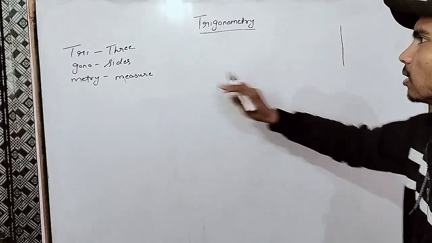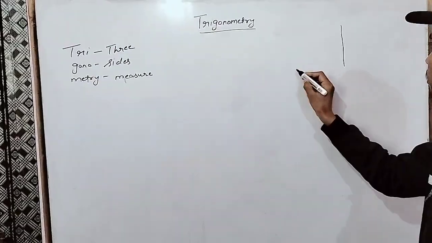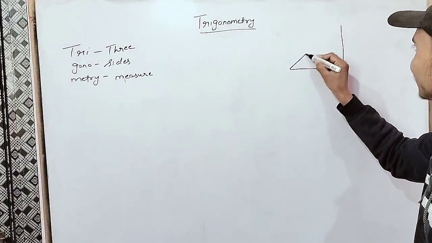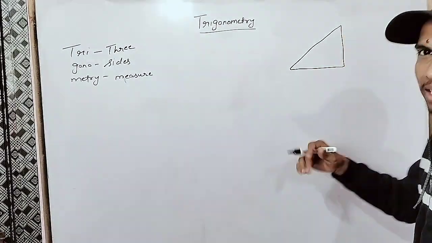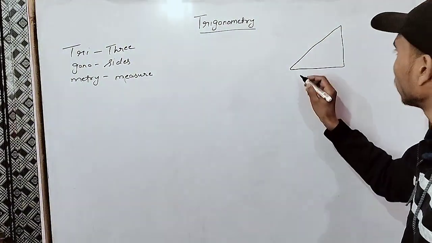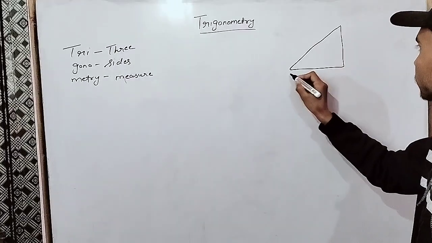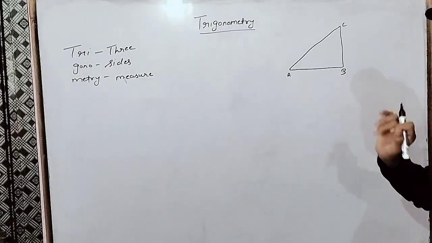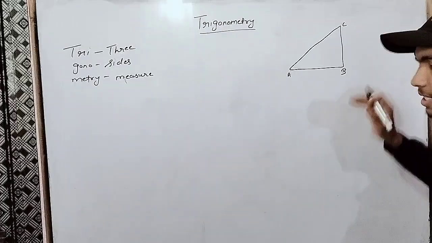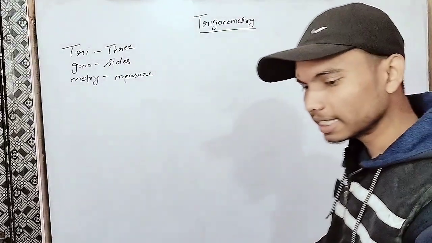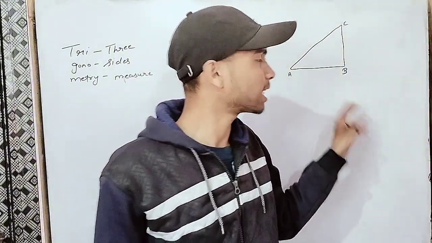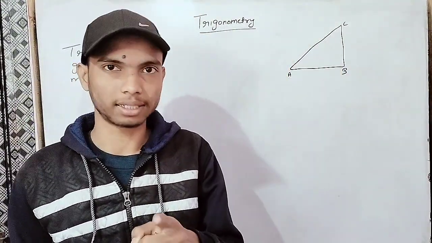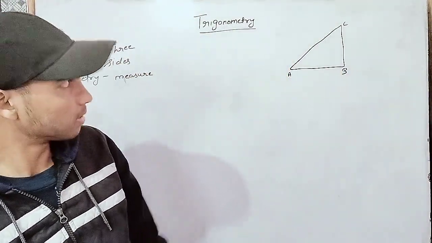So here we should have three sides: one, two, and then three. This is a triangle, which you already know. Let's name it A, B, C. This straight line indicates that this is a right triangle.